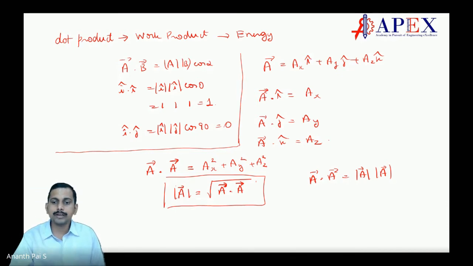Then you find the dot product. It's trivial, students, so that's why it is difficult to explain. But it's very important also. That's why it has to be explained. It's more about understanding. I hope you understood this.